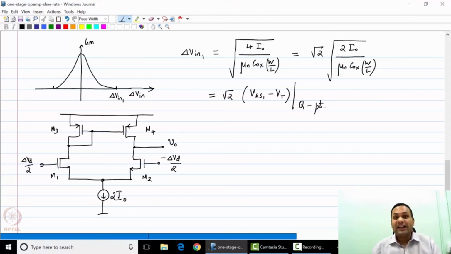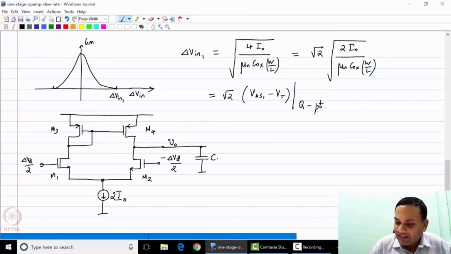In other words, I am applying an incremental differential voltage of delta VD at its input. And let us say that the op-amp is driving some load capacitance CL. As we have seen before, the op-amp normally drives a capacitive load because transistors present a capacitive load when seen from the gate. Let us say this output voltage is V0.